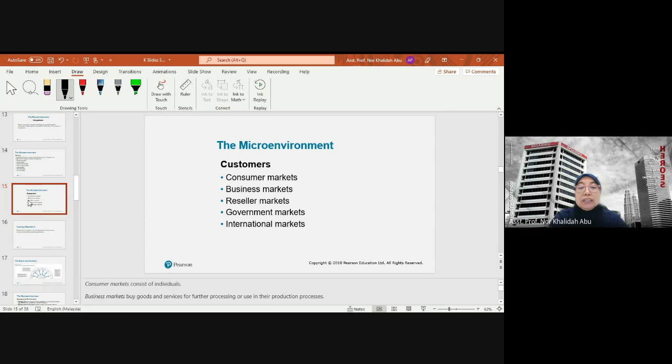In other words, the business market is the sort of customers that are buying your product for other reasons, not for their own consumption. They're buying it for reselling, renting, for future production, to create services for other people. So that's considered the business market, which is different from the consumer market. For example, you buy sugar and turn it into syrup.